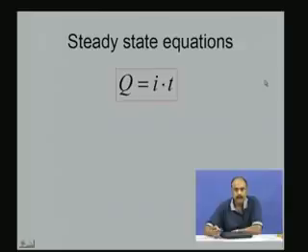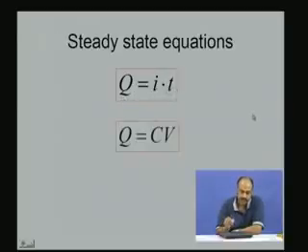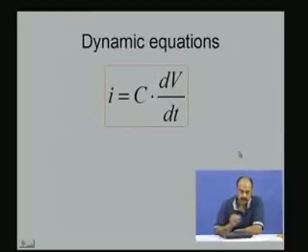Here are the steady state equations for the capacitor. The charge Q is related to the current and time in this fashion: current into time is equal to the charge. The charge is also equivalent to the capacitance of the capacitor into the voltage V. Q is equal to CV, Q is equal to IT. These are fundamental steady state relations.